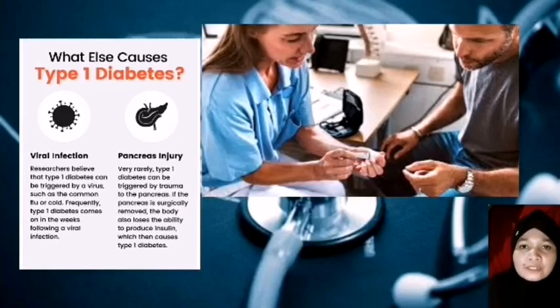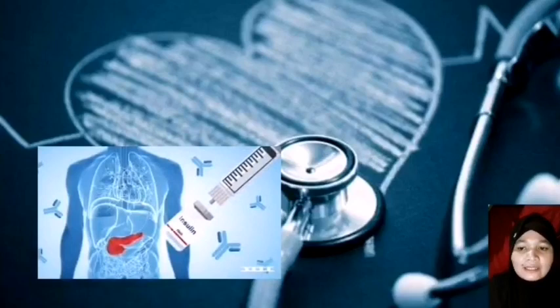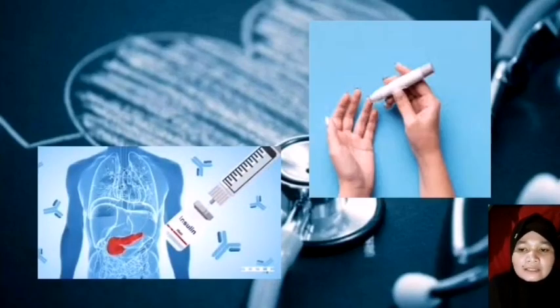So for the treatment for type 1 diabetes includes taking insulin, carbohydrate, fat and protein counting, frequent blood sugar monitoring, eating healthy foods, exercising regularly, and maintaining a healthy weight.